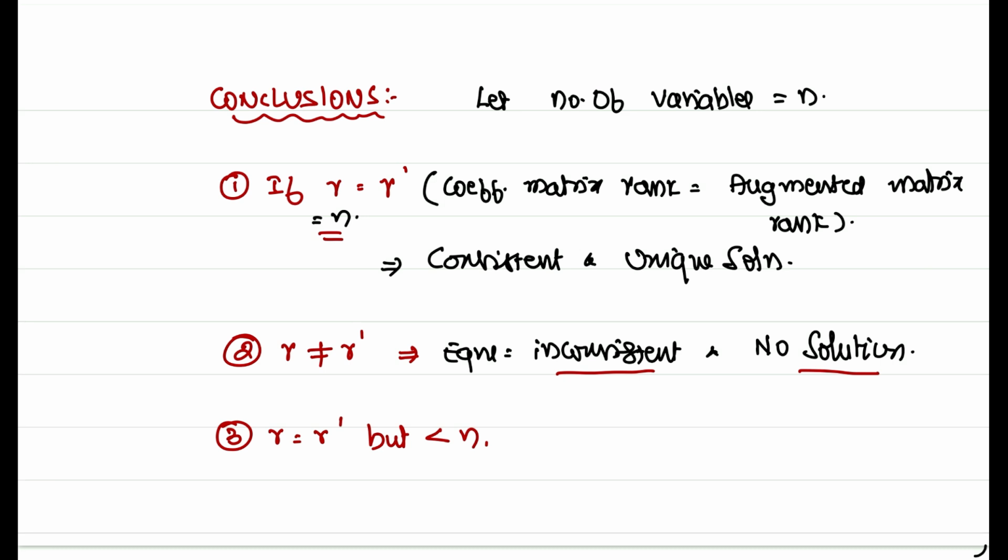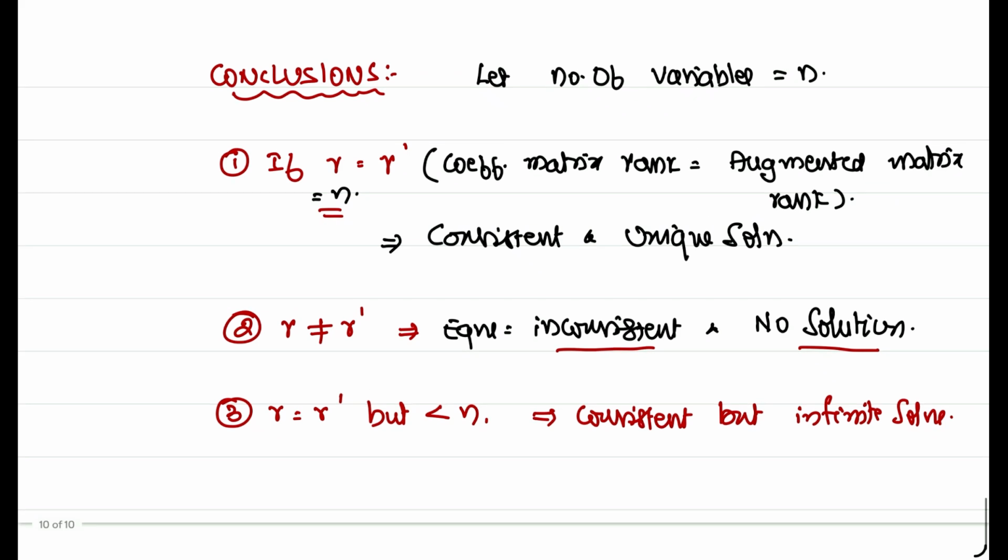Ranks are same, but 3 variables are there. Only 2 equations, rank is 2. Then what happens? The equations are consistent but have infinite solutions. Are you able to understand this?